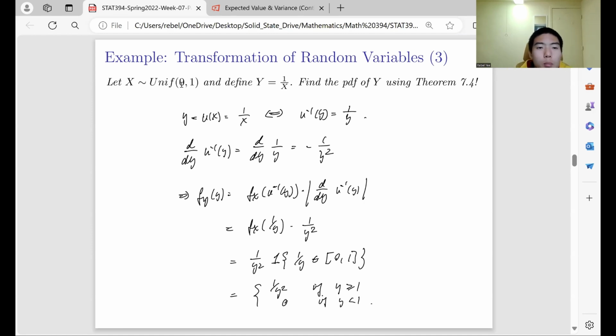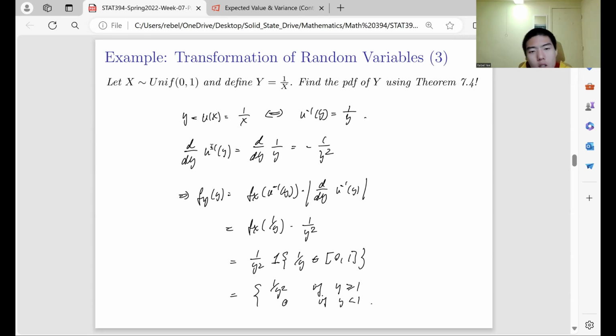So let's see the same example. X is uniformly distributed from 0 to 1, and y is 1 over x. So in this case, y equals u of x, which is 1 over x, and the inverse is this one.